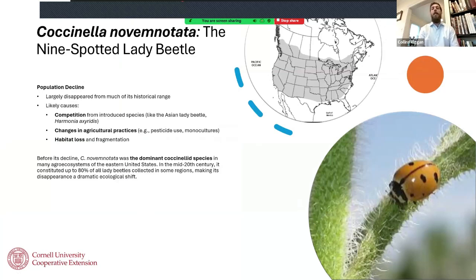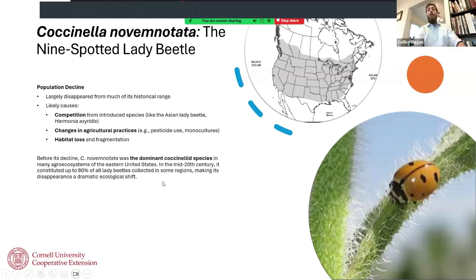The likely causes are going to be competition from the Asian lady beetle, the seven spot that we're talking about now, and change in agricultural practices, such as the increased use of pesticides. And then a little bit less, I'm actually interested in researching this a bit more, but it doesn't seem like habitat loss necessarily is the largest factor with this one, but I would say it has aided the other two things in speeding up its decline.